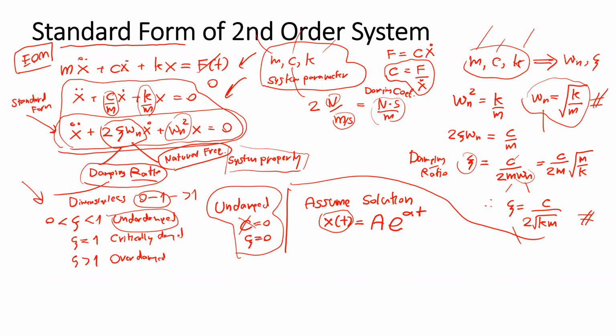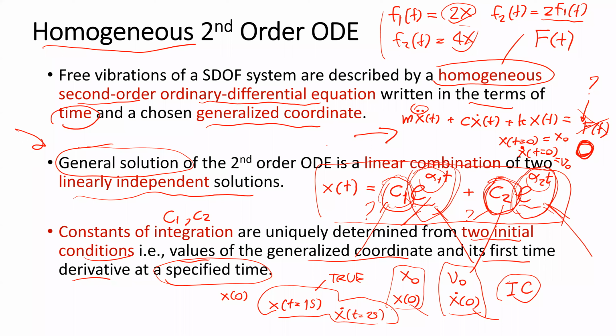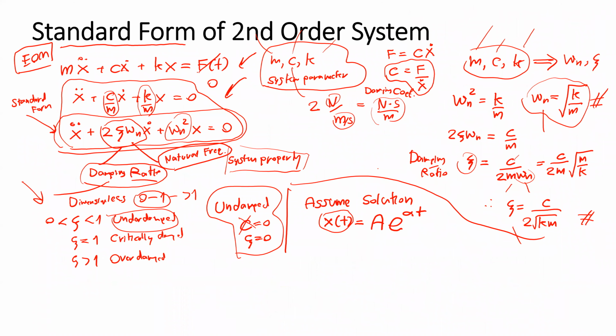Before this, we mentioned that the response is going to be a linear combination of the two linearly independent solutions. But here, let's assume the solution to be in this form.